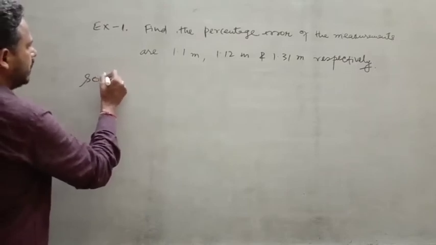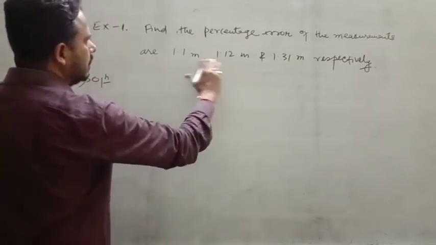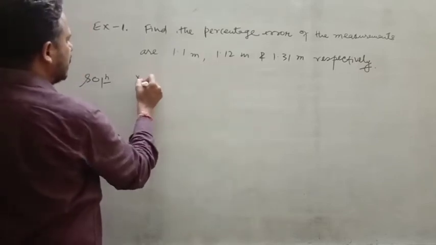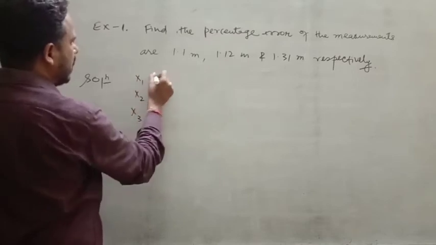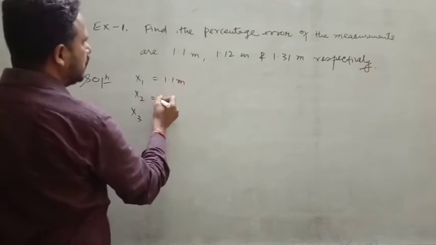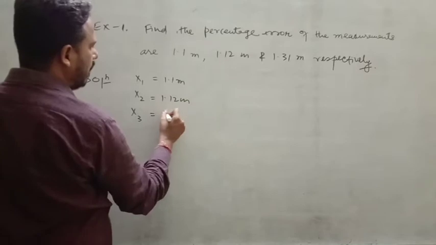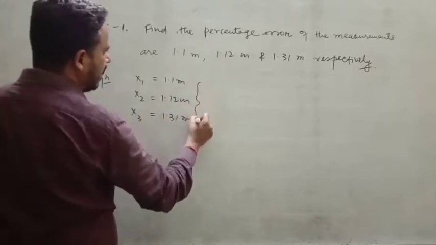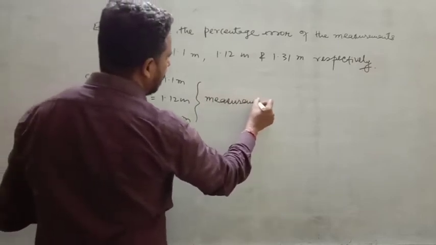Here the measurements are x1, x2, x3. x1 is 1.1 meter, x2 is 1.12 meter, and x3 is 1.31 meter. These are the measurements.